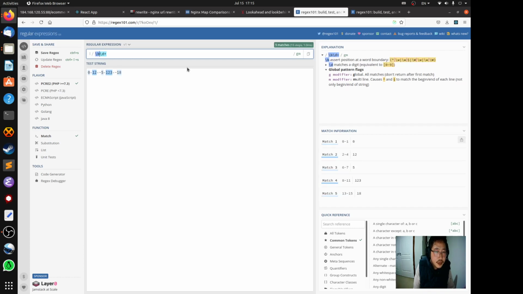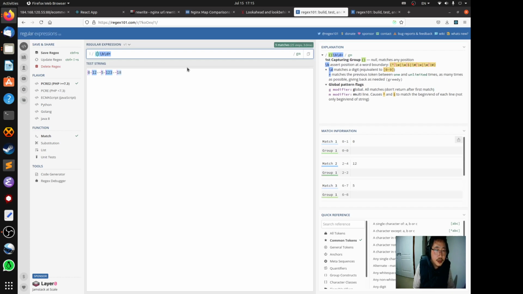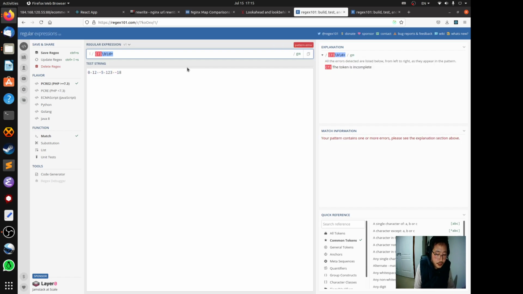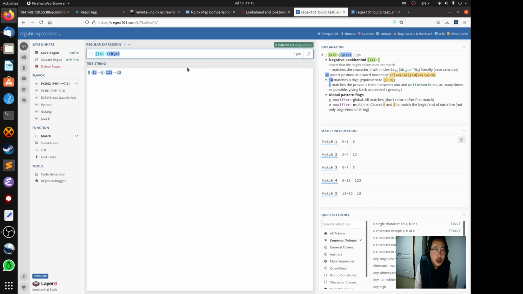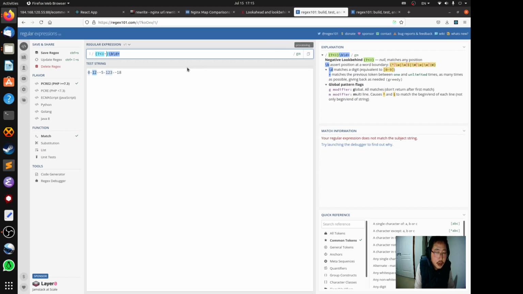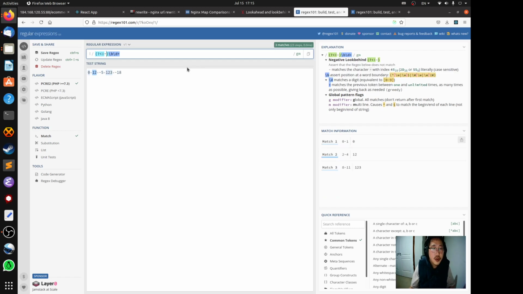And we want to look behind and see if there's no negative sign there. Now it works. The matches are 0, 12, and 1 to 3.